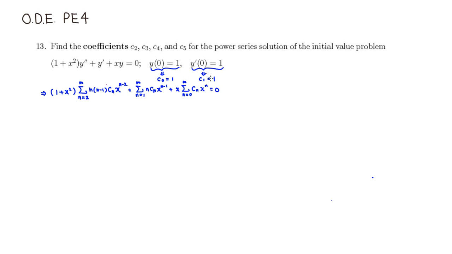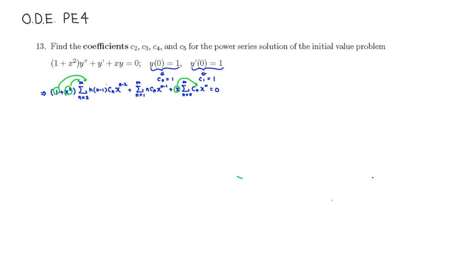All right, and the first thing I would do is I'm going to just distribute the 1 and the x squared, so 1 to that guy and x squared to the summation, and also this x distributed there.